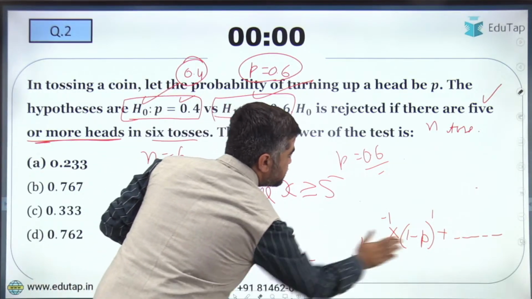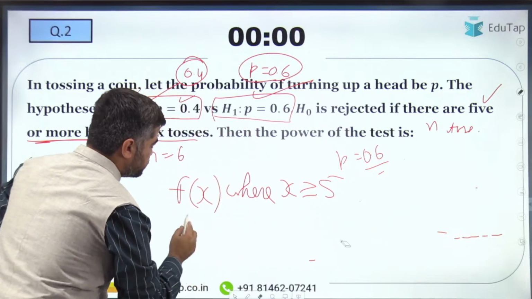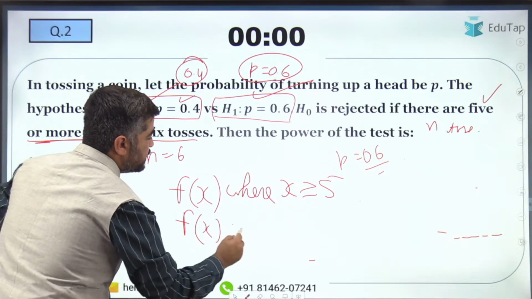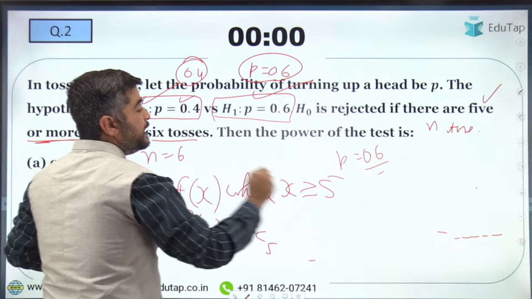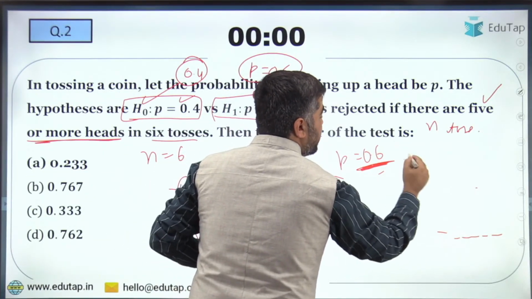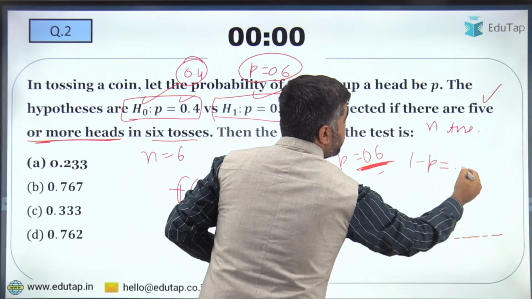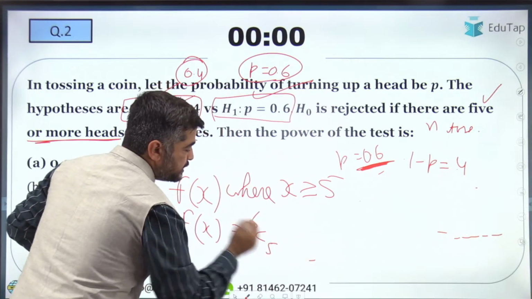So for that you can calculate your probability mass function. That will be 6C5. Here p is 0.6 and 1 minus p will be 0.4. So put these values.